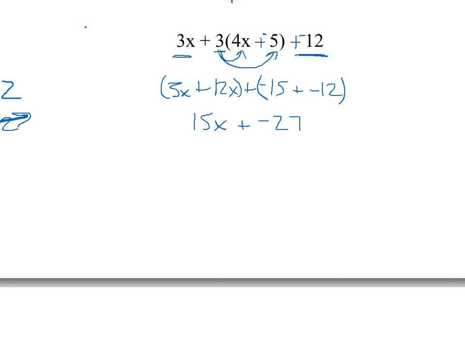Some of you saying yes, some of you saying no. What do you think we need to do? So we have one more thing we can simplify, which is how are we going to do it? Yep. So she's saying change switch it back to subtraction.